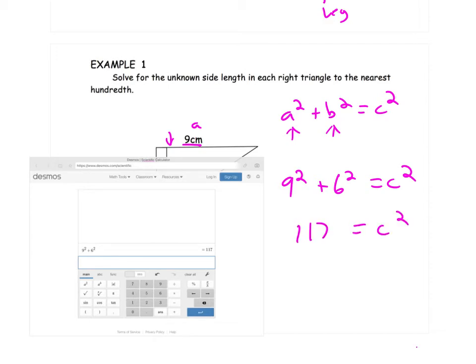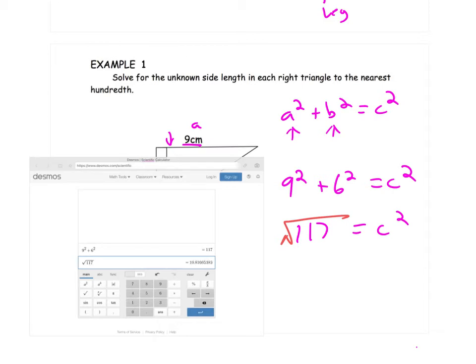So how I get rid of this squared sign, so I just find out what c, or the hypotenuse, is, I need to take the square root of this side. It looks like this. So it is this key that is right below the squared button. So I'm just going to go onto my calculator here and do the square root of that 117 number that I had before.